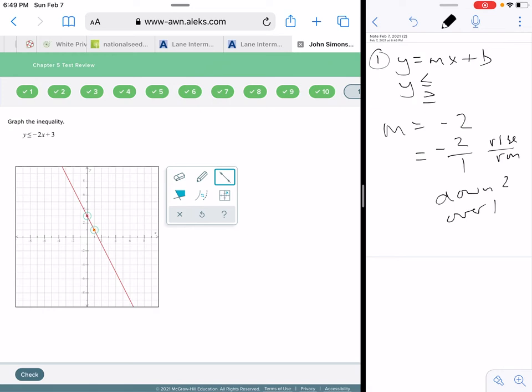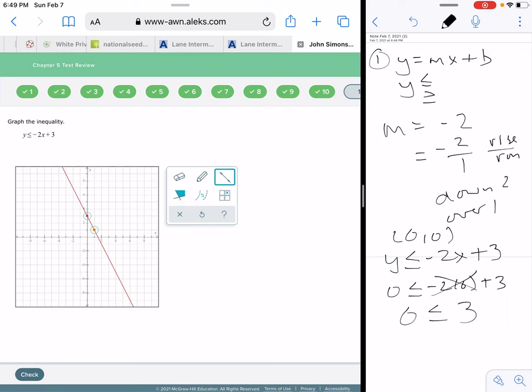So I'm going to take the point (0, 0) and put it in this equation, y is less than or equal to -2x plus 3, and then you'll see what happens. So we go 0, and then -2 times 0 plus 3. This goes away. And so what this says is 0 is less than or equal to 3, which it is. So we're going to shade this side because that (0, 0) point made it true.